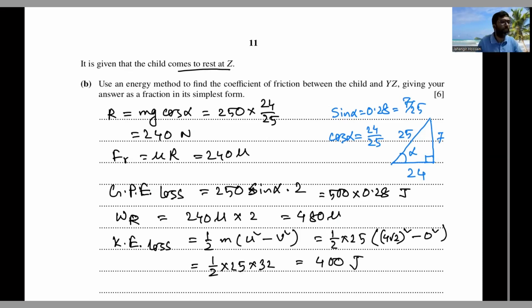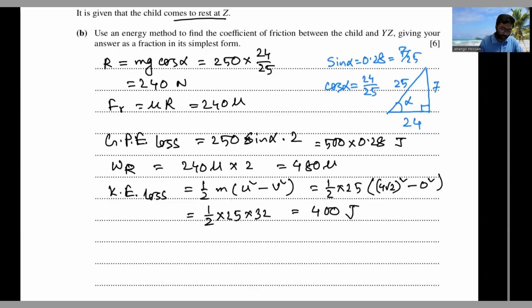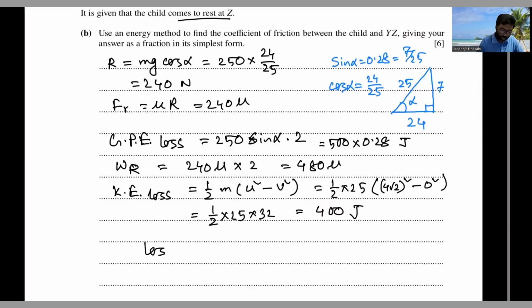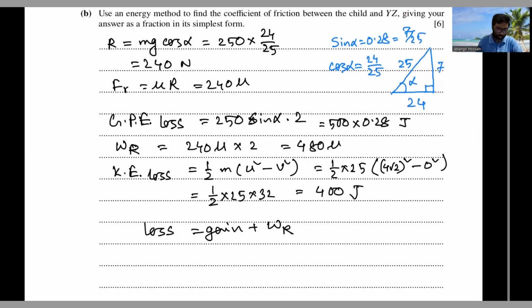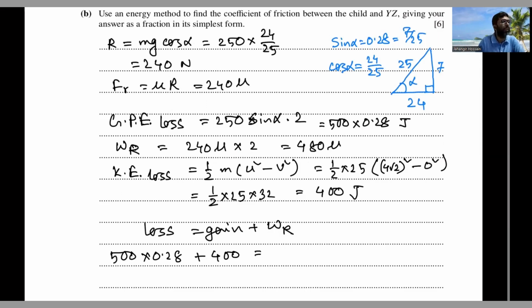That is 400. Now apply loss equals gain plus work against resistance. Since there is no gain, it is 0. There are two losses, GP loss plus KE loss. GP loss is 500 into 0.28. KE loss is 400. And work against friction is 480 mu.